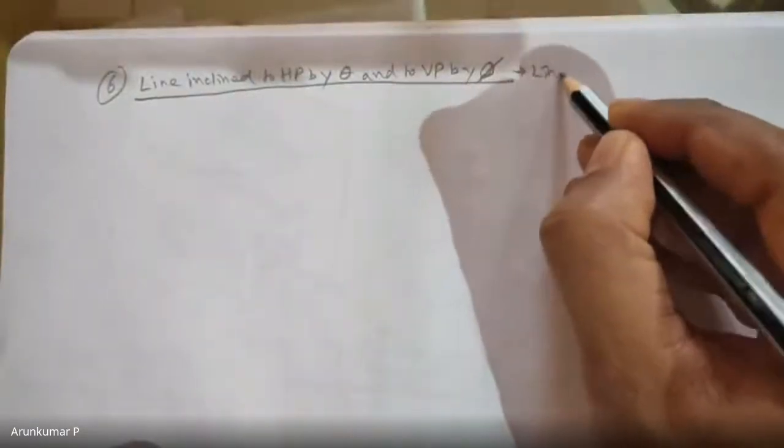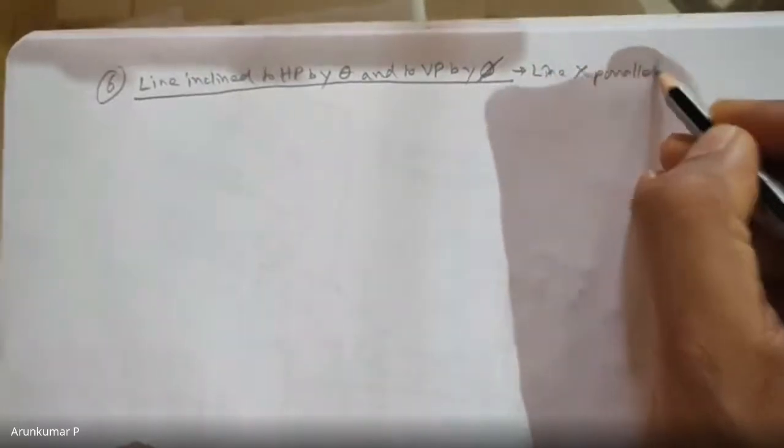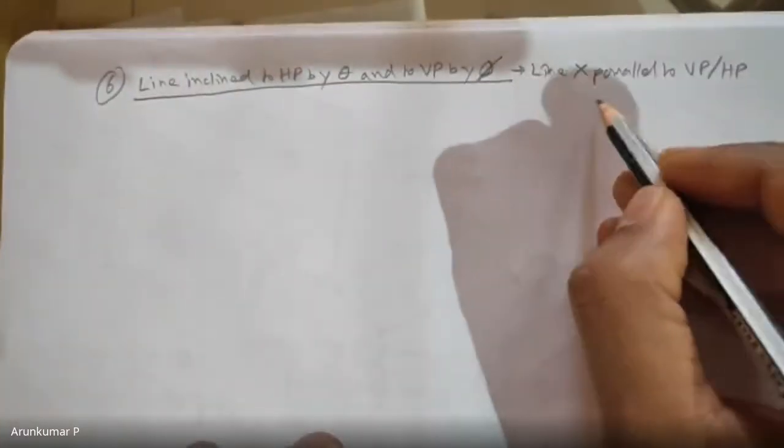So the line is inclined to both the planes. What does this mean? This means that the line is not parallel to VP or HP. It's not parallel.